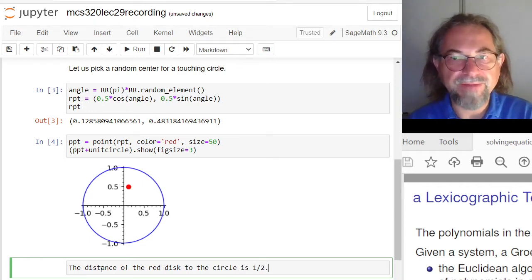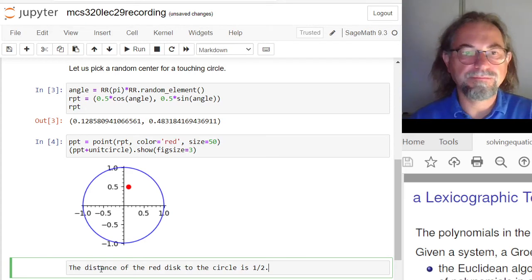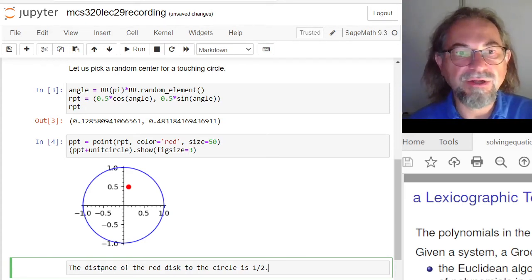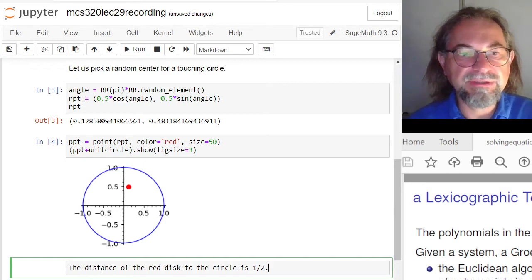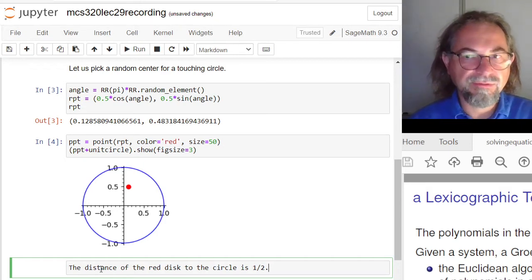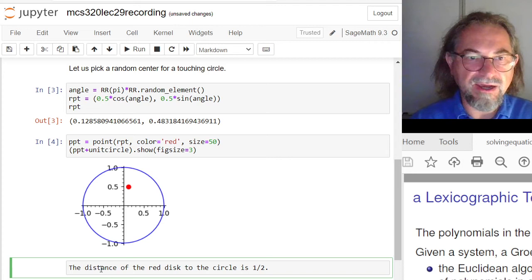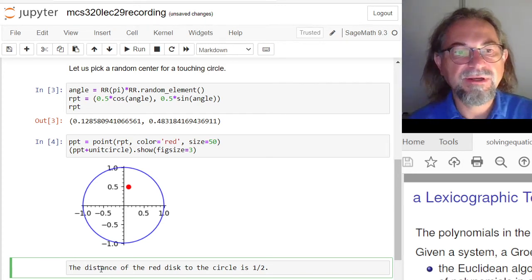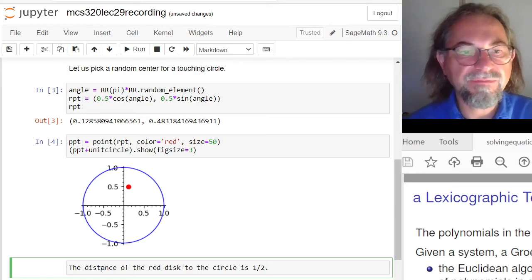Imagine you shoot an arrow through this red disk, then the distance from the start of the arrow to the red disk is the same as the distance from the red disk to the circle.